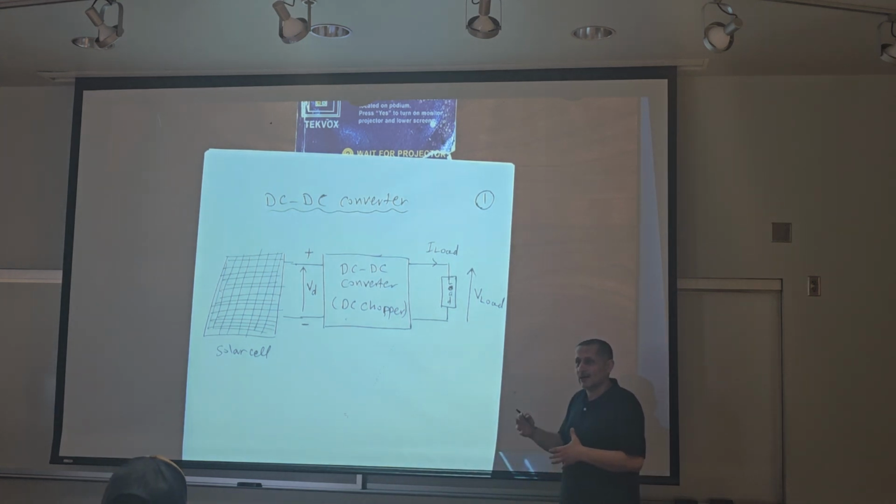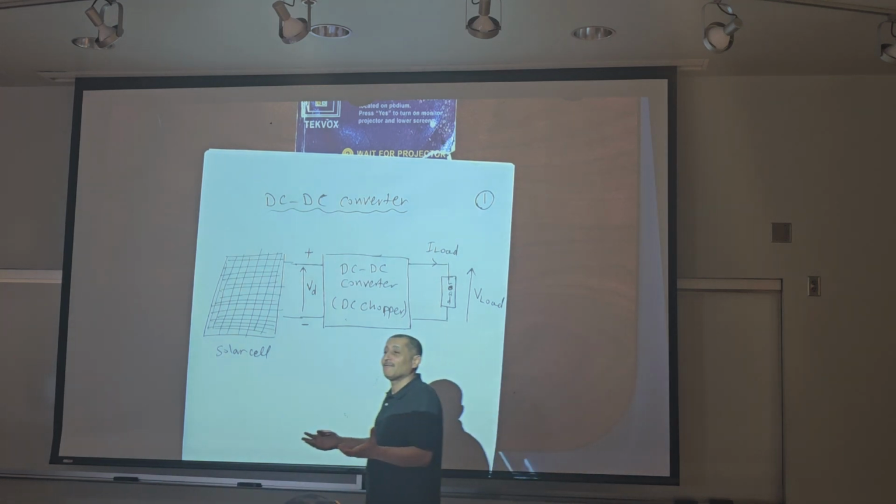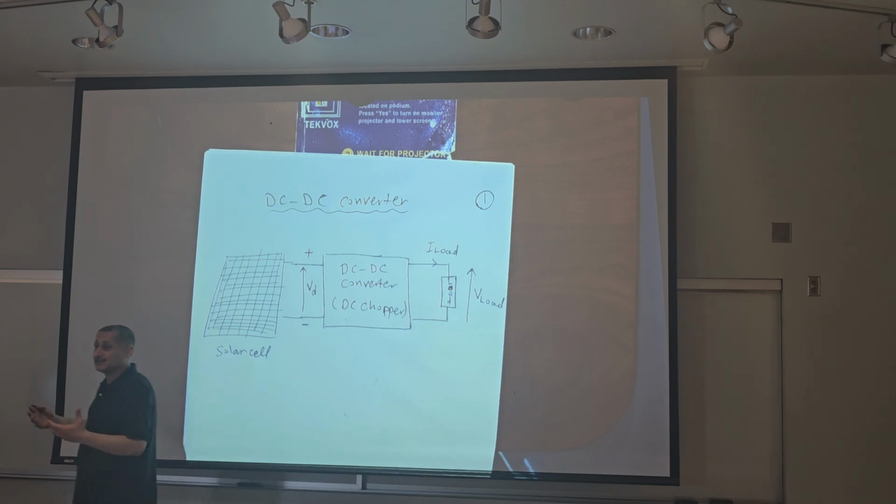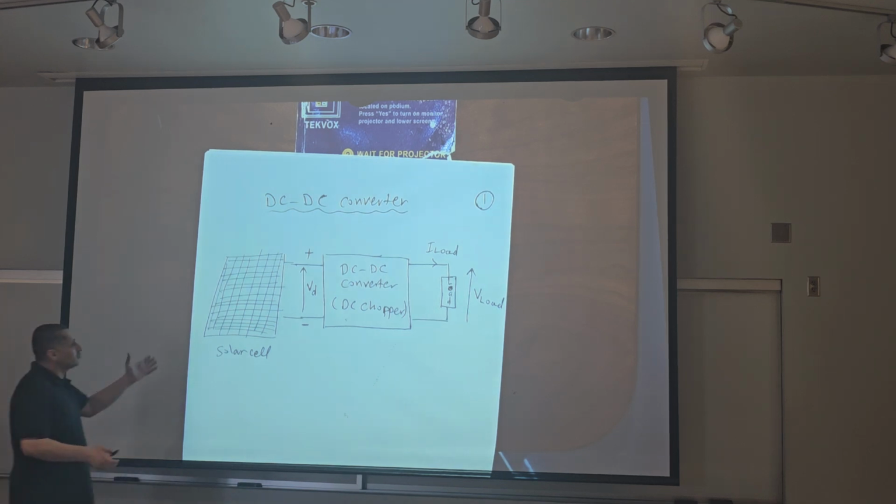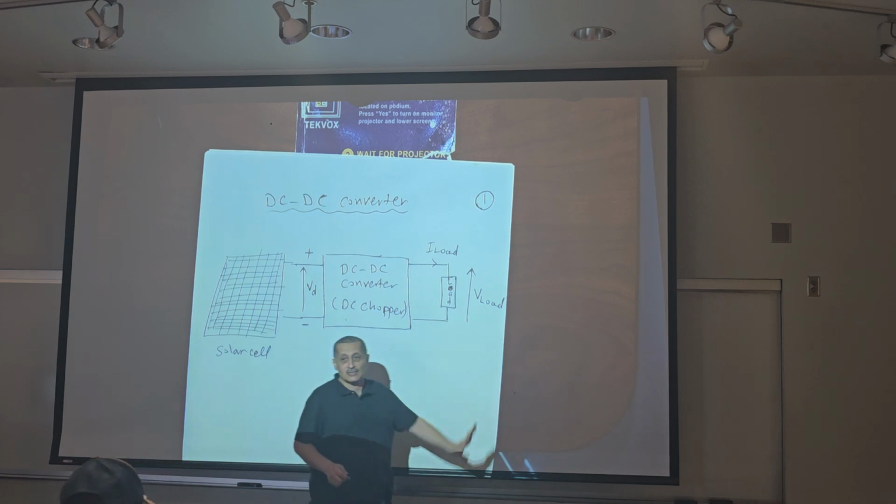Okay? Step up and step down. Same idea as the transformer, but the transformer is an AC to AC converter, AC voltage to AC voltage. Here, no, it is DC to DC.